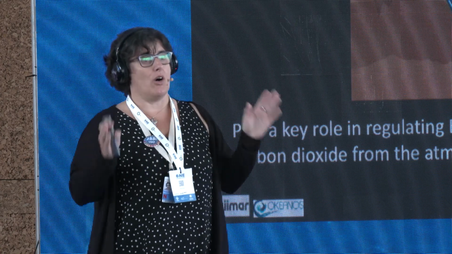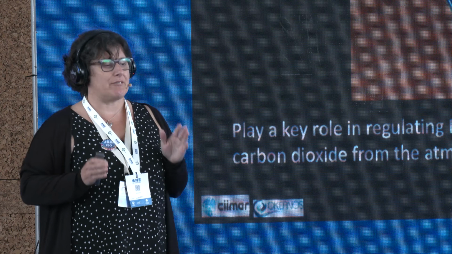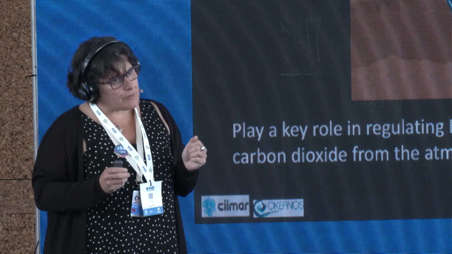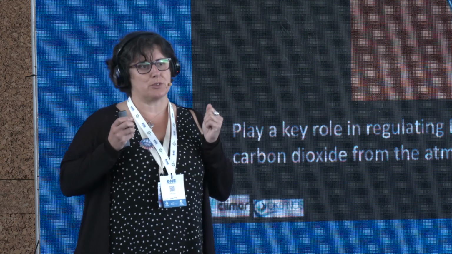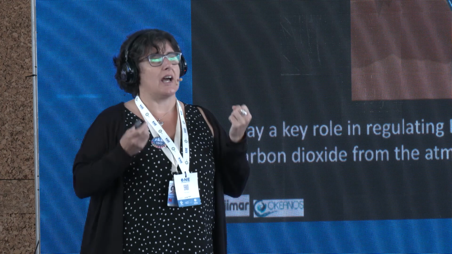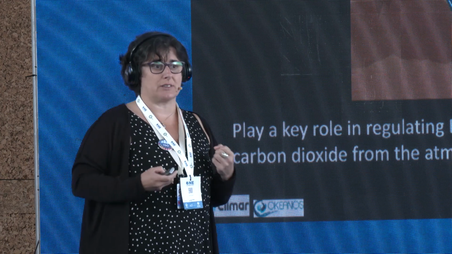The oceans occupy 70% of the planet, but 90% of the oceans are deep sea. And they play a very important role because they absorb the excess of heat from the atmosphere. So all this volume is absorbing the heat. And also, it's a huge carbon sink for the excess of carbon dioxide.